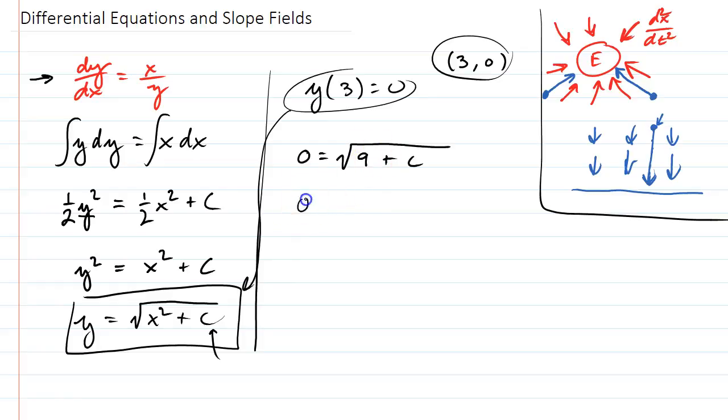I square both sides. I subtract 9 over. And so this is a particular equation that we wanted to pass through 3, 0. Okay? So this would describe any equation. What I have now here is a special one of those equations that I know will pass through 3, 0.